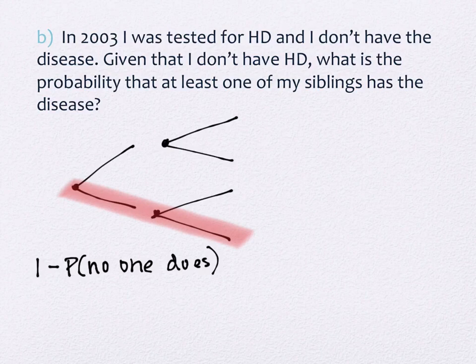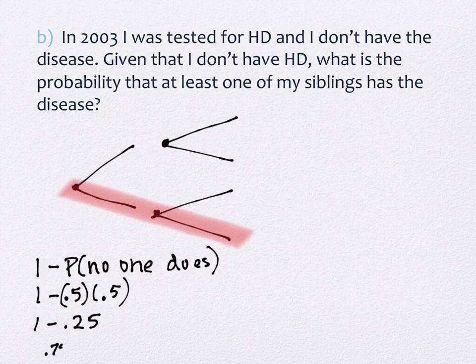And that branch still had 2 0.5s on it, right? So what's 0.5 times 0.5? It is 0.25. 1 minus 0.25 leaves me with 0.75. That number is really still high. It is. There's a 75% chance that one of my siblings does have it. And if they do, of course, then they each have their own children who could create their own tree diagram and look at it in the exact same way.